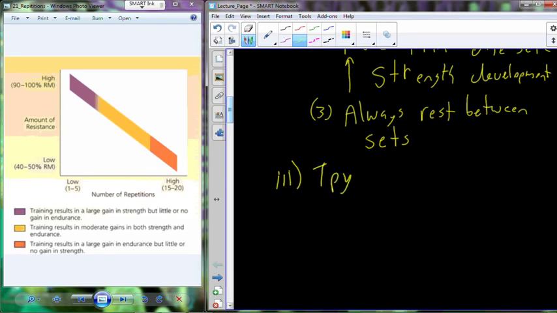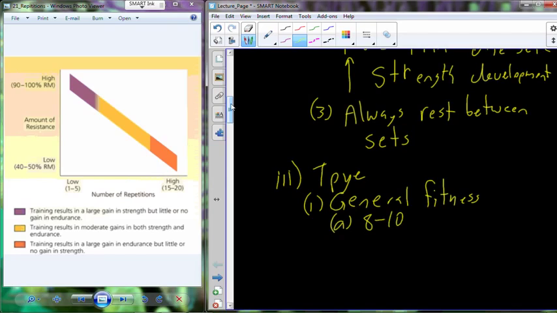The last variable here is the type. So what types of activity should we be performing for endurance and strength development? Again, for that general fitness approach, we're looking at between 8 and 10 different exercises.